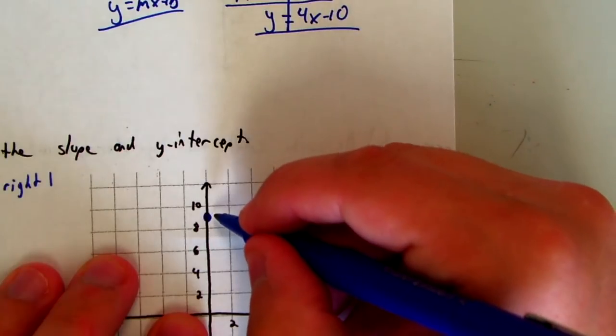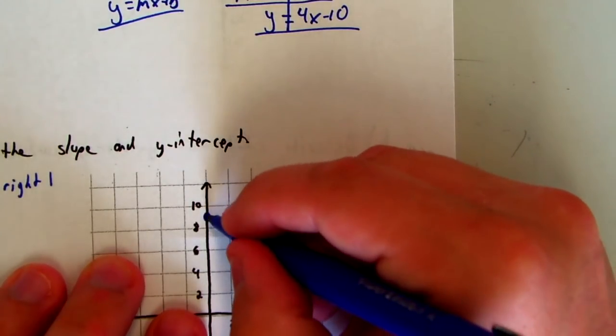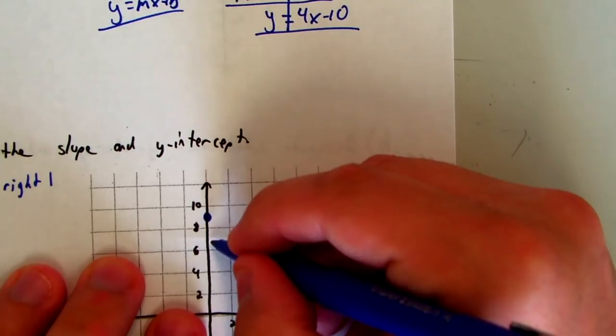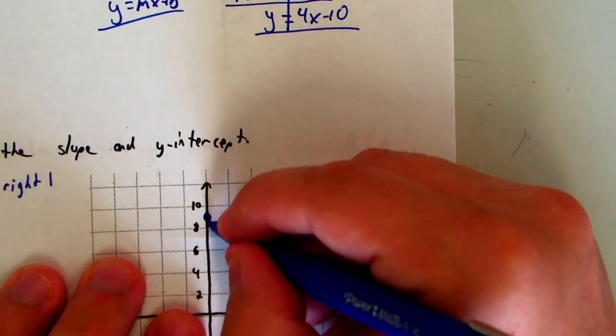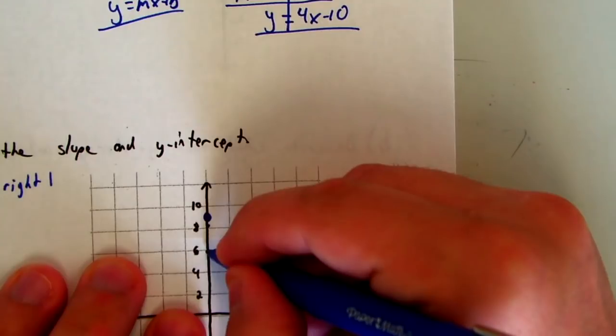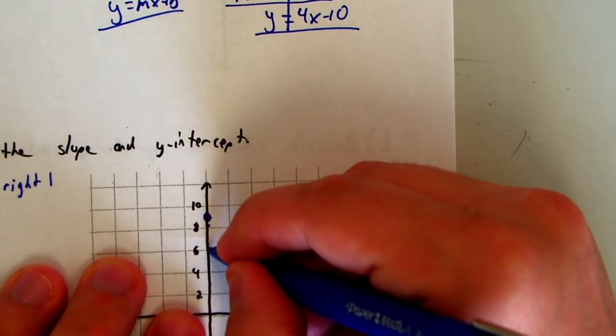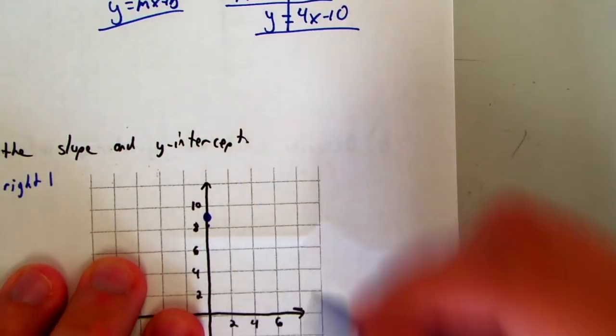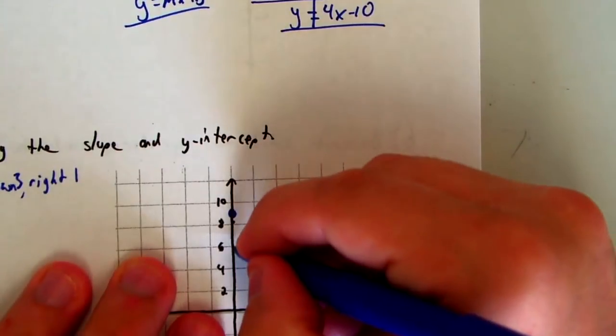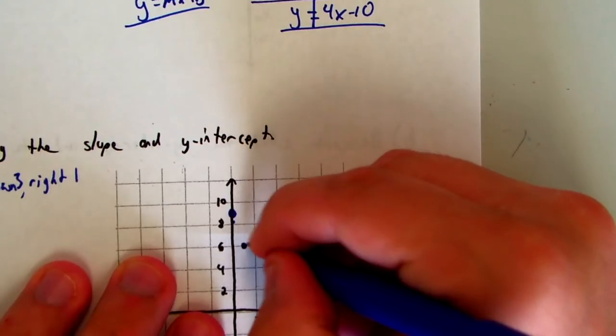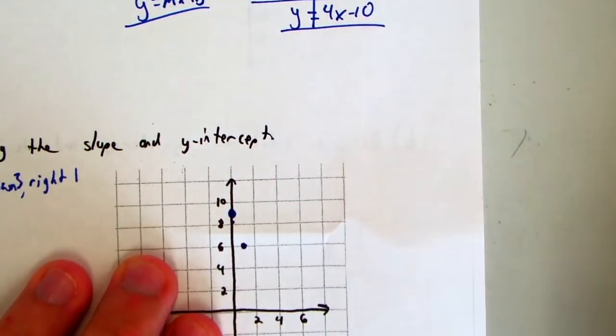So let's look at that. Now, on this graph, each line is worth 2. So to go down 3, I need to go down 1.5 spaces. So here's half a space and 1 full space. I now need to go to the right 1. And again, each one of the lines is worth 2, so I go halfway between.